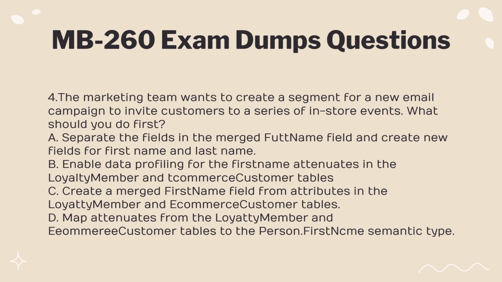B. Enable data profiling for the first name attributes in the loyalty member and e-commerce customer tables. C. Create a merged first name field from attributes in the loyalty member and e-commerce customer tables. D. Map attributes from the loyalty member and e-commerce customer tables to the person.FirstName semantic type.